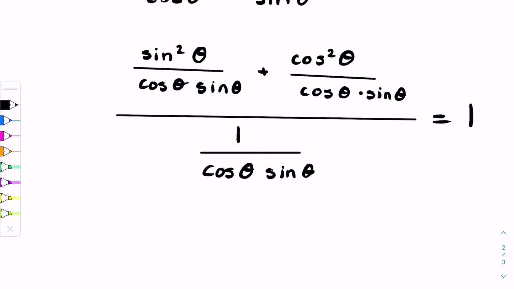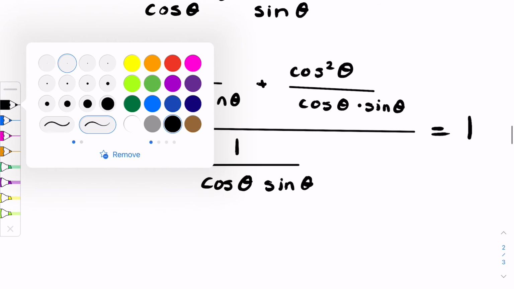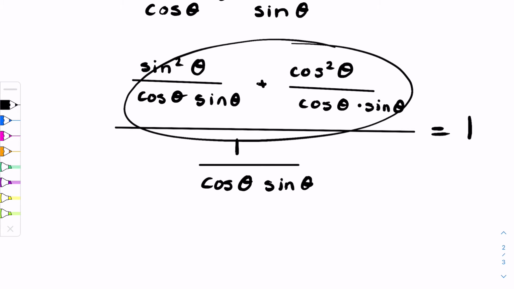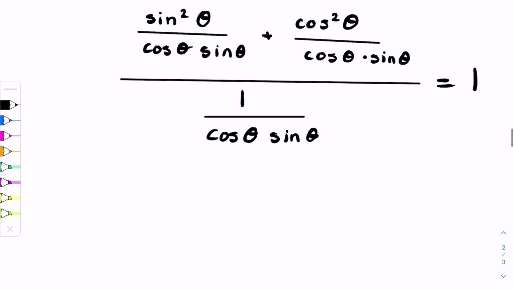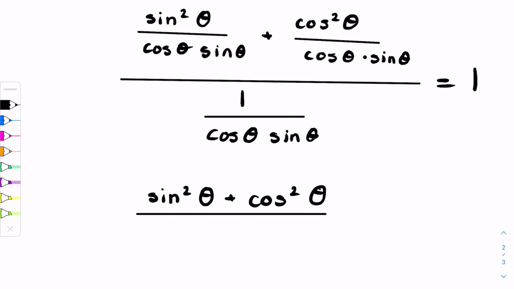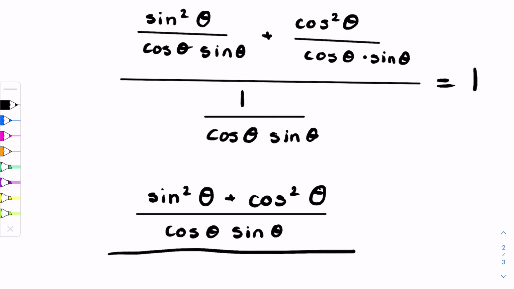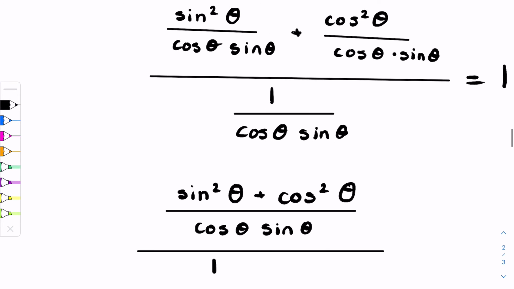Next, I'm going to add my numerators together in the numerator up here, leaving me with the expression of sine squared plus cosine squared, which is going to be a Pythagorean identity, divided by cosine times sine, all divided by 1 over cosine times sine.